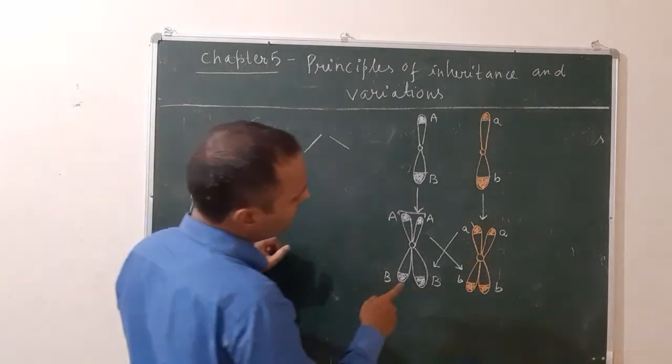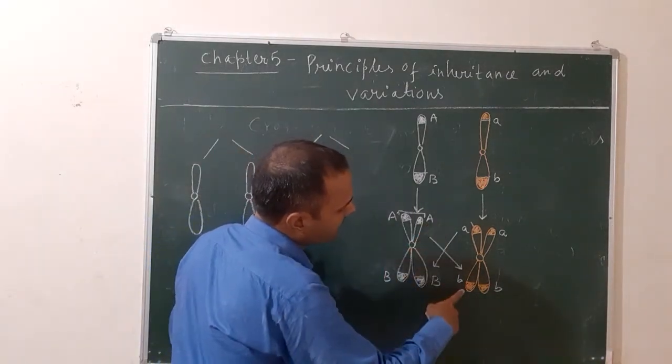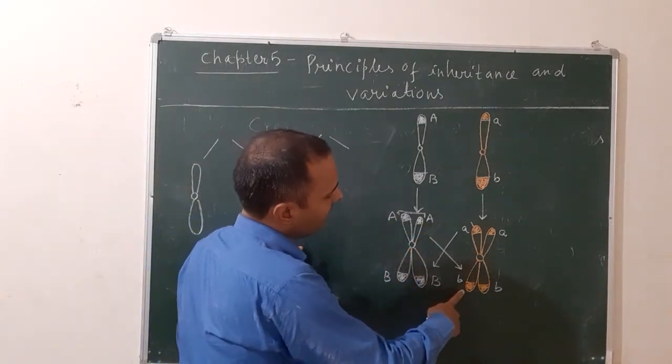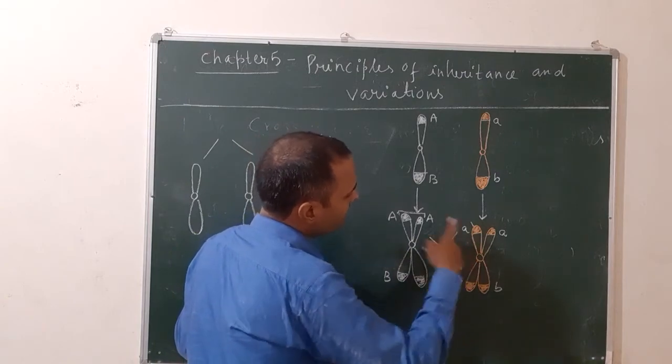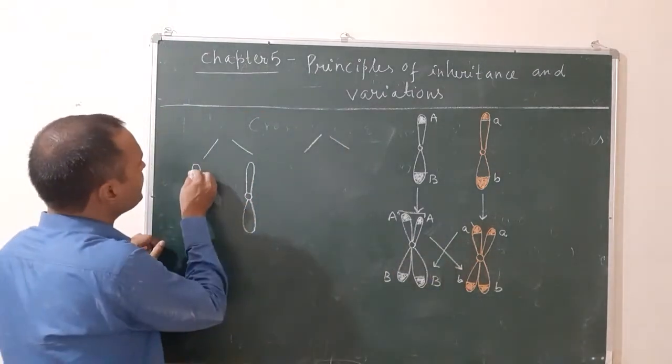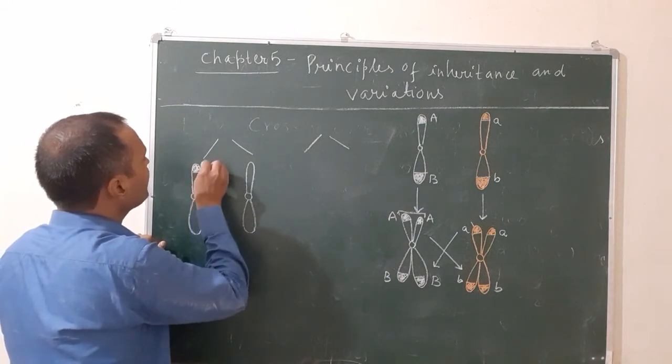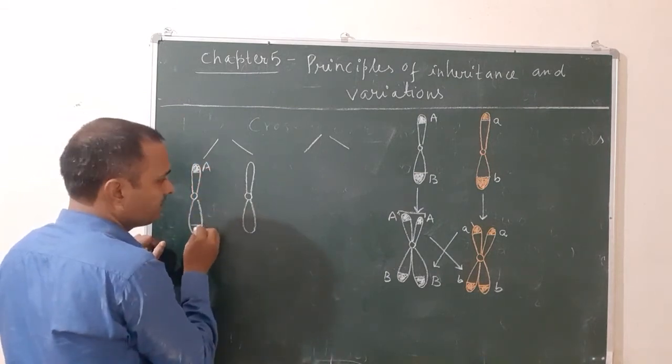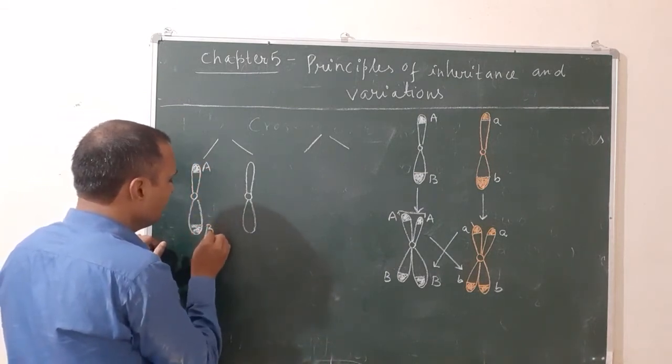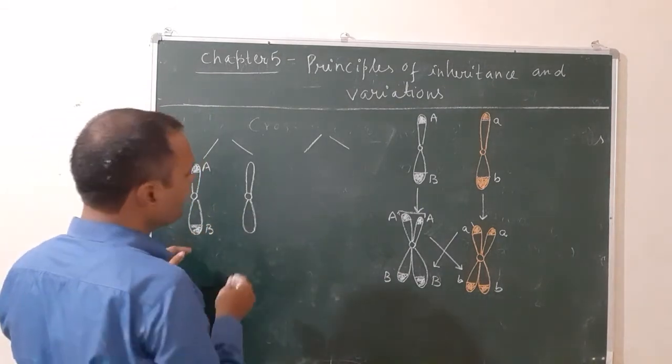After crossing over, this capital A combines with this small b, and this capital B combines with small a. So the first combination is capital A, capital B, which does not take part in crossing over.